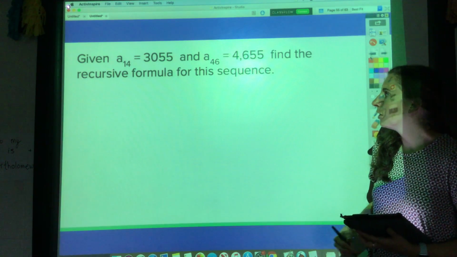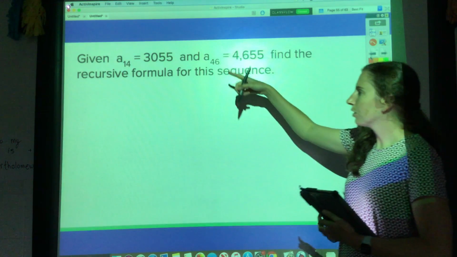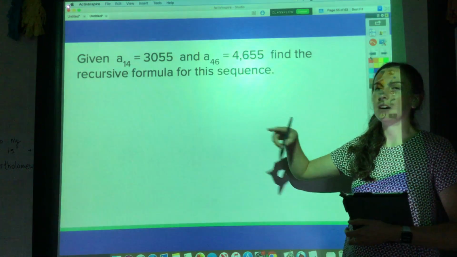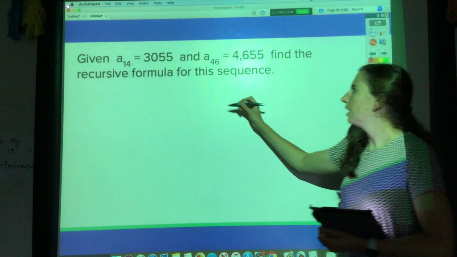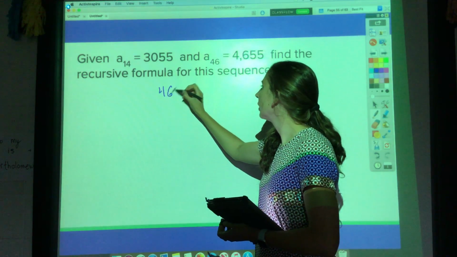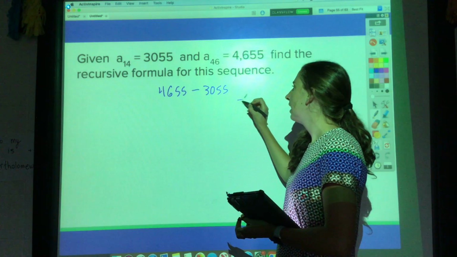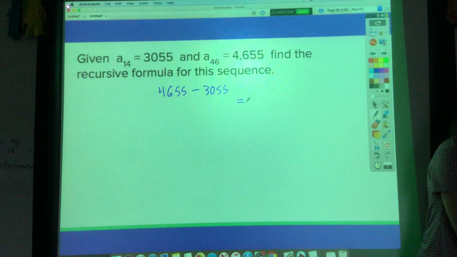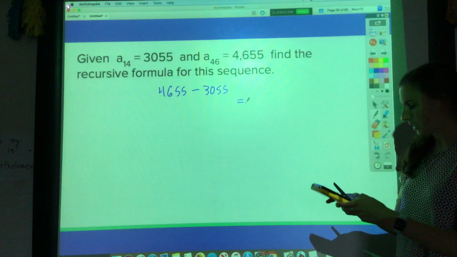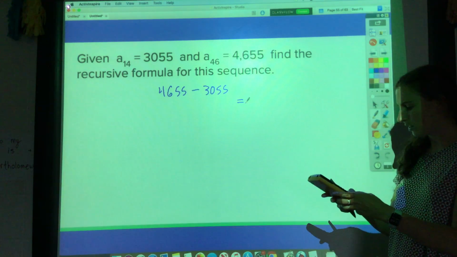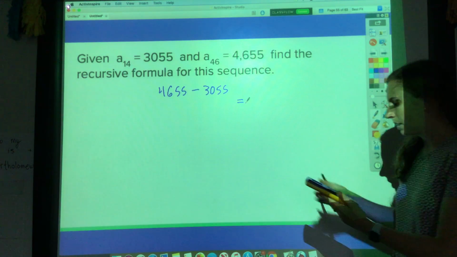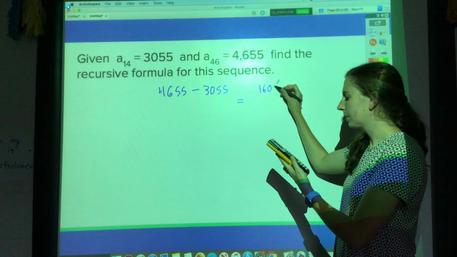So like, from 3055 to 4655, how much has changed? Basically, you can find that by doing 4655 minus 3055 and see how much that is. That would be 1600.